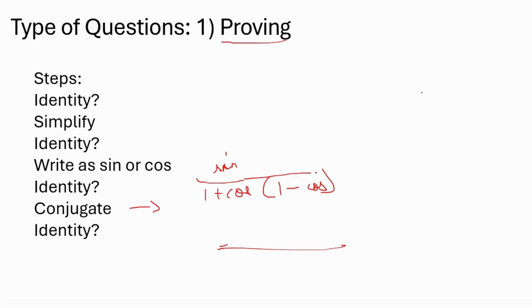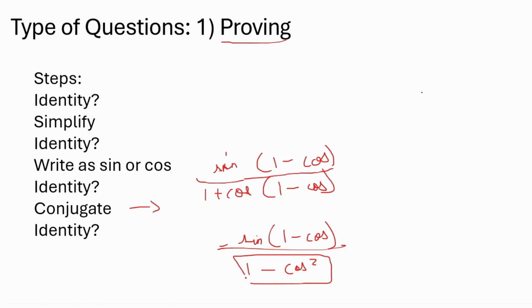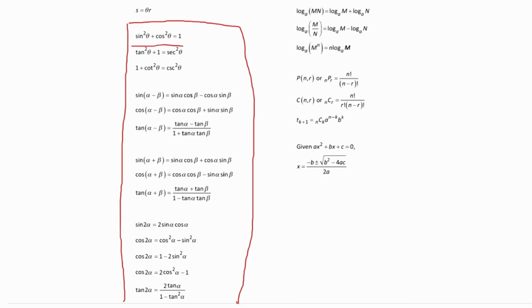Like if say this is sine. Also remember, multiply both top and bottom. So you just flip the sign and multiply the same exact thing, and the bottom becomes a difference of squares, 1 minus cos squared, and the top becomes sine times 1 minus cos. Why we do this is usually because we can use the first identity. If you arrange it differently, you can see that sine squared equals 1 minus cos squared.